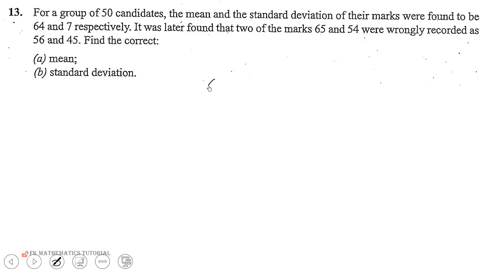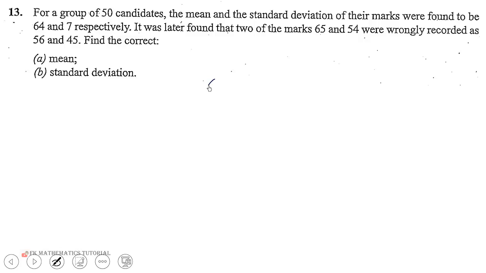We have question number 13 here. For a group of 50 candidates, the mean and the standard deviation of their marks were found to be 64 and 7 respectively. It was later found that two of the marks, 65 and 54, were wrongly recorded as 56 and 45.